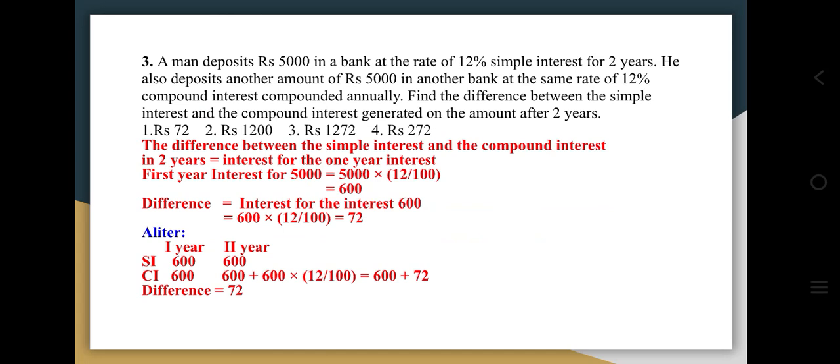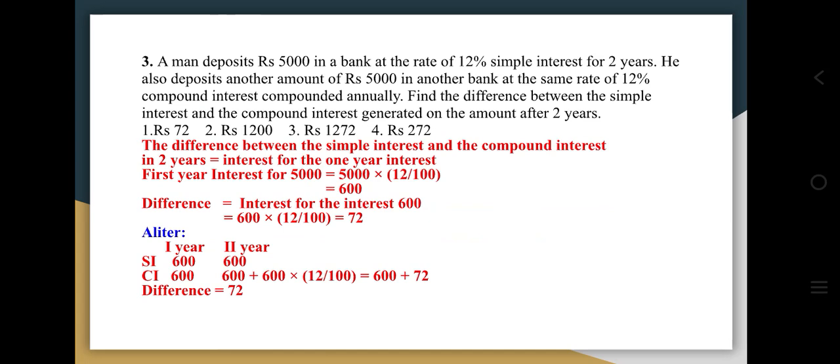A man deposits 5,000 in a bank at the rate of 12% simple interest for 2 years. He also deposits another amount 5,000 in another bank at the same rate of 12% compound interest compounded annually.